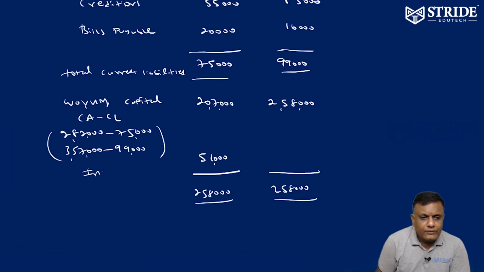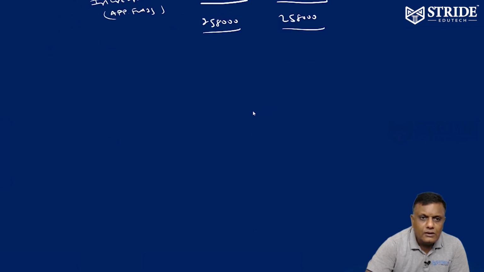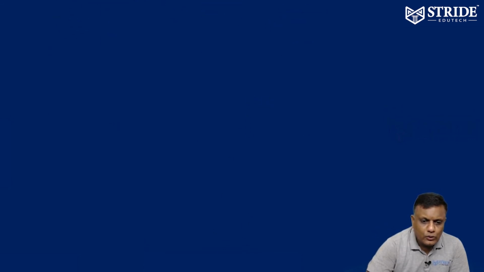This is nothing but an increase in working capital, which is an application of funds. We'll post this 51,000 in application of funds. Decrease in working capital means source; increase in working capital means application of funds. Step number 1 is over.